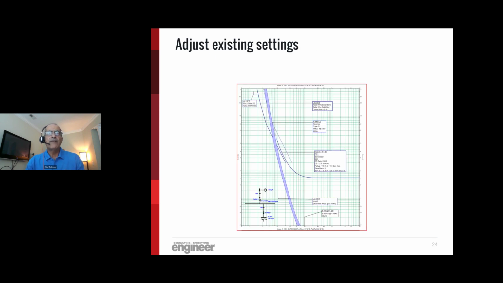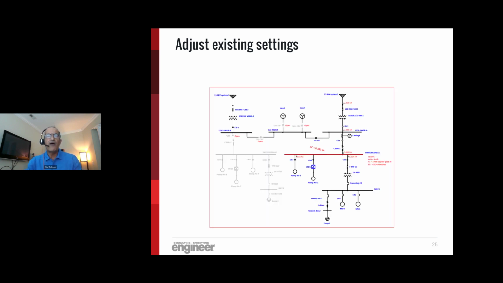Now, going back to the one line, in this case, my relay is again set to time dial 3, and I'm coordinating my downstream fuse, which is fine. But when I see that and do the arc flash calculation, I notice that I now have IE around 7.5, with the FCT 0.75 seconds, and the arc flash boundary around 9.6 feet.